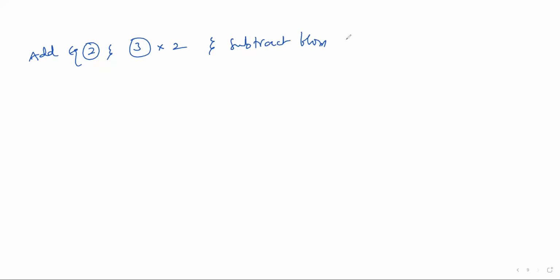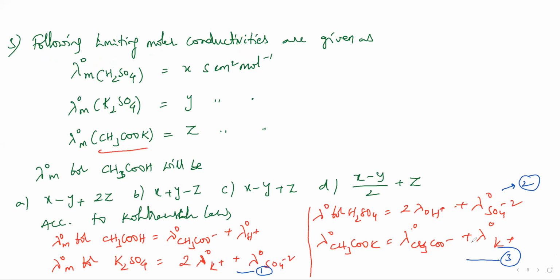Now you do this: add equation 1 and equation 2, and equation 3 is multiplied by 2.